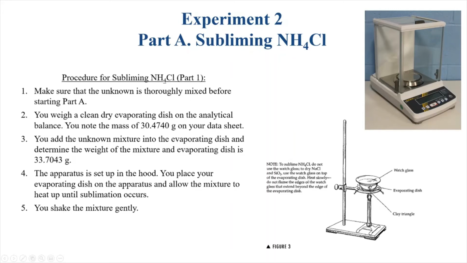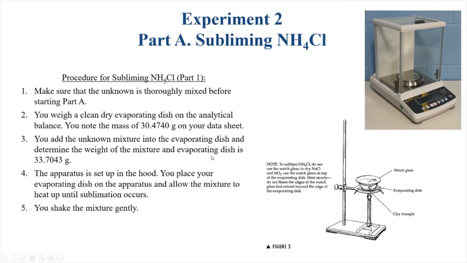In the first step, we're going to place our unknown mixture into what we call an evaporating dish. That's this little dish here, and I have an actual picture of the evaporating dish in a couple of slides. As we're going through this process, we have to know how much the evaporating dish weighs so that we can know what's happening with the mass changes of the things that are inside of it.